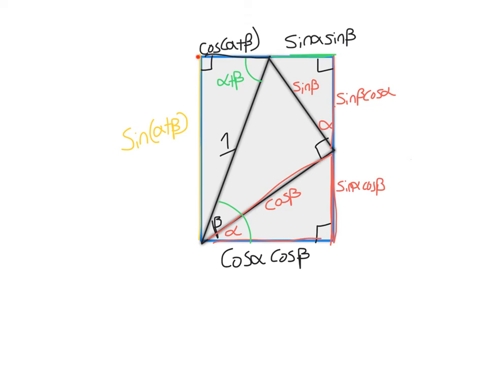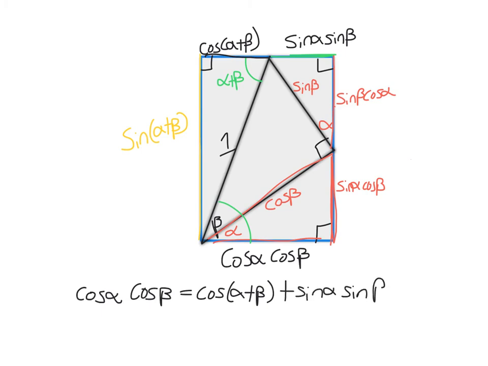Because this is a rectangle, this side and this side must be equal. So what I have is cos alpha times cos beta must be equal to cos of alpha plus beta plus sine alpha sine beta. I know that's a really complicated equation, but it's essentially saying this side and this side must be equal.